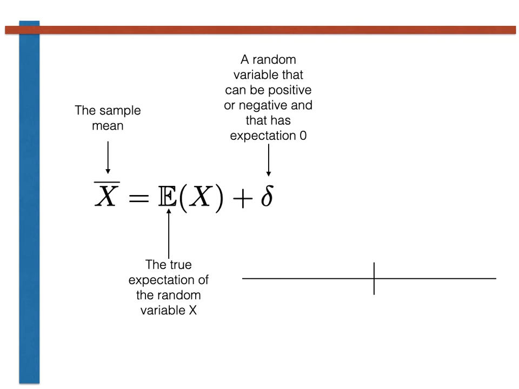The true value of the random variable x bar might be here, in which case delta is as indicated here. The random variable is random, however, and it can thus be at a range of different points on the axis. For example, it might be here. In this case, delta is negative, as is indicated by the arrow shown here.